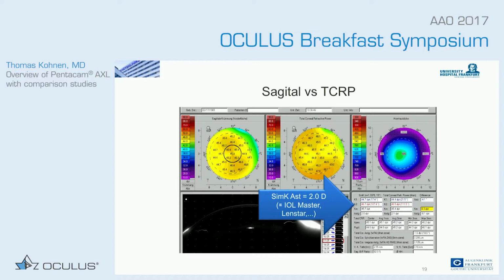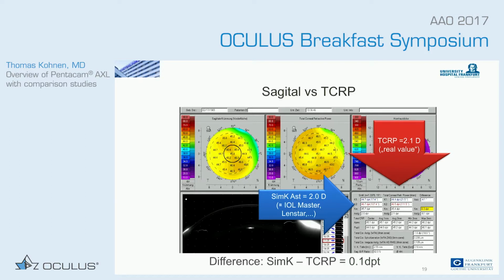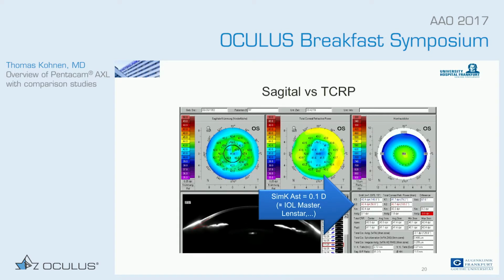When we looked at the total corneal refractive power, we found 2.1 diopters. So the difference from the SimK, which you could also get with an IOLMaster or a keratometer, is 0.1 diopters, very small. Here's another example. SimK showed 0.1, which is what you would get with an IOLMaster or any other device, but the total corneal refractive power is 1 diopter.